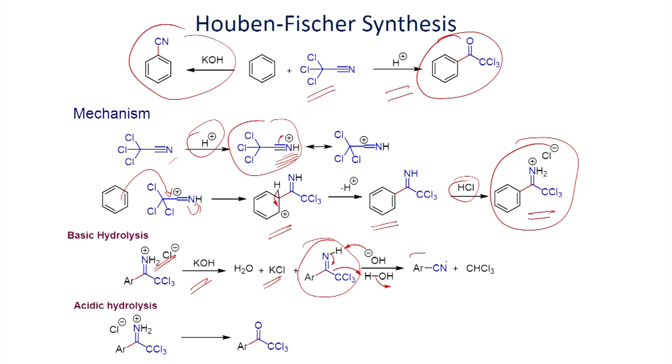Then you can get the nitrile as the product as shown here. On the other hand, if you use acid hydrolysis, as we have seen earlier, you can convert this imine into the carbonyl group. Therefore, you can make this trichloroacetophenone as the product.